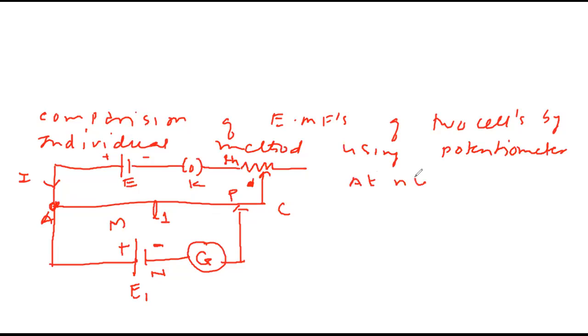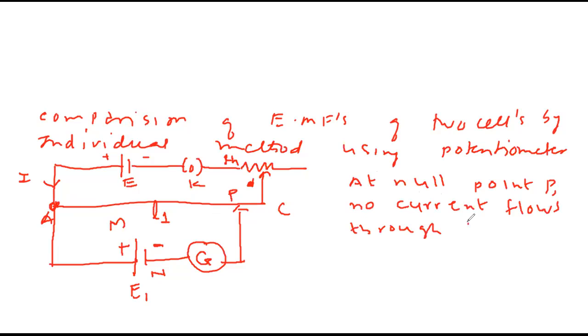What is meaning of null point? Potential is zero. At null point P, no current flows through galvanometer. Can any of you tell when current will flow and when current will not flow? When there is no potential difference, there will be no current.